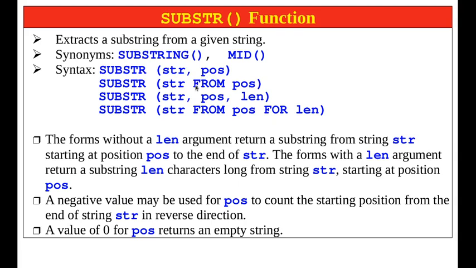In the second syntax, in place of comma, we can use from. Third syntax, string, position and length, three arguments are there. In the fourth one, we can write substr, open bracket, string, then from, then position, then for and then length. So one by one we will see the output.